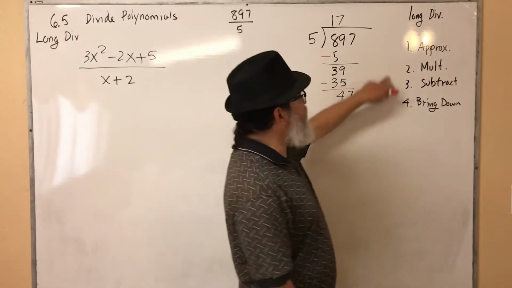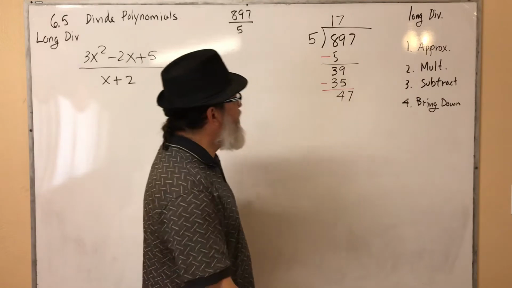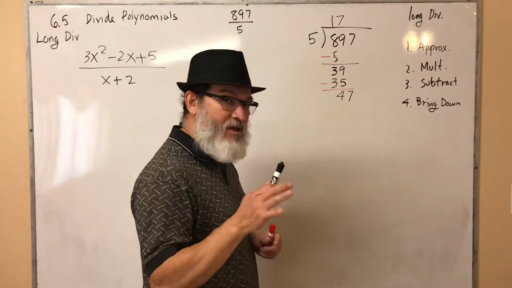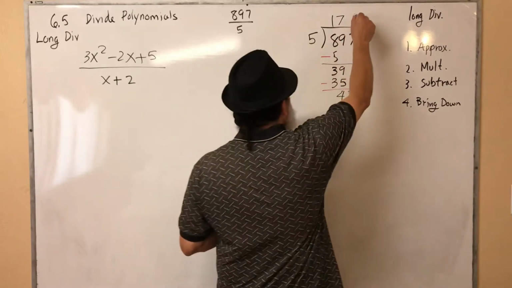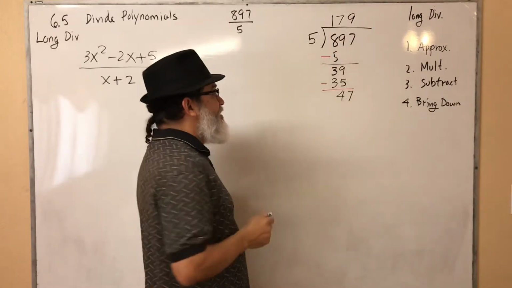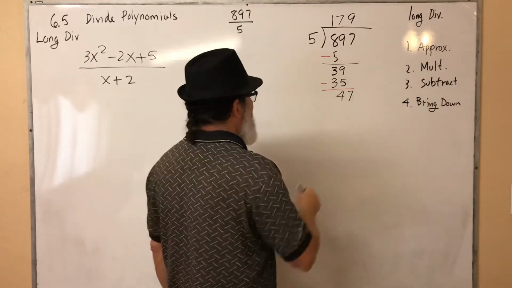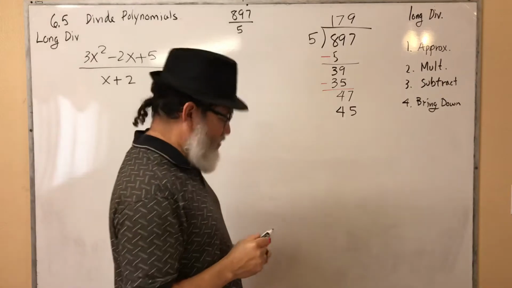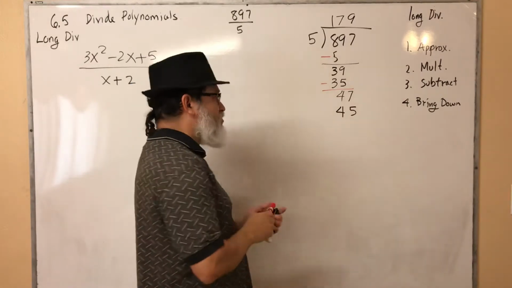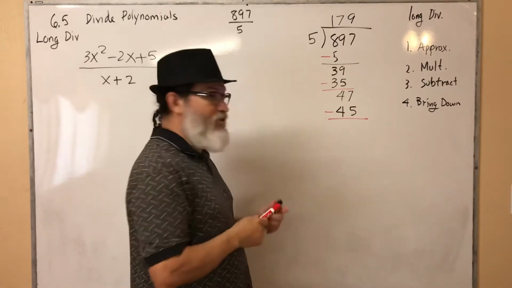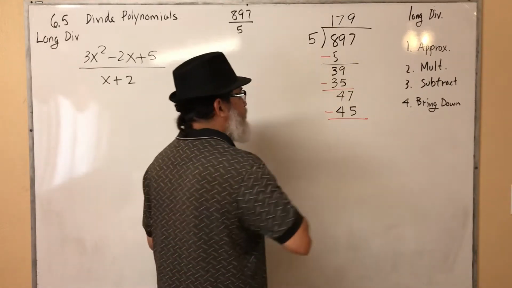And then go back to approximate again. 5 into 47, approximately 9 times. Multiply. 9 times 5 is 45. That's step number 2. Step number 3, subtract. Put a negative in front and subtract. And what do we get? A 2.